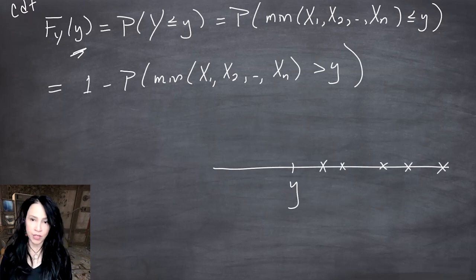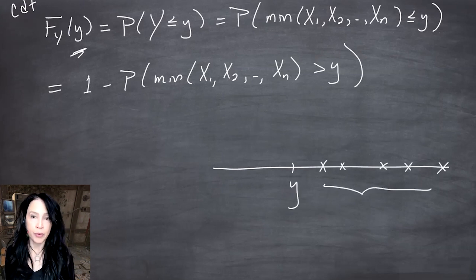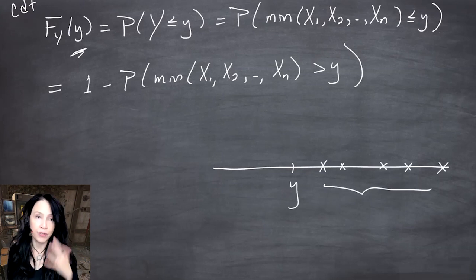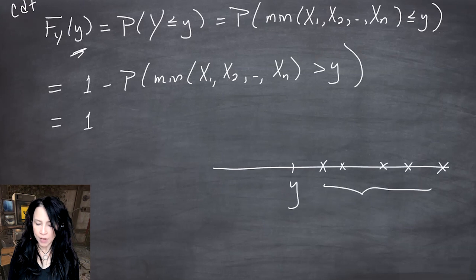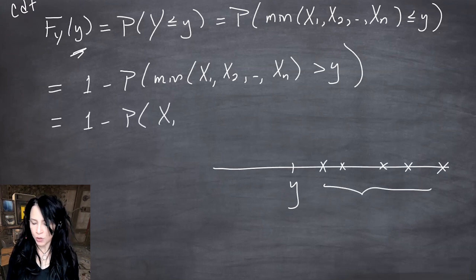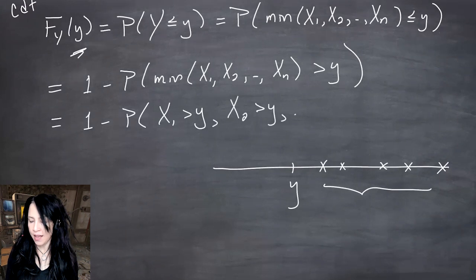And that's if and only if every single individual data point was greater than y, every single x. So going back up here, this is 1 minus the probability that x1 is greater than y and x2 is greater than y and out through xn is greater than y.